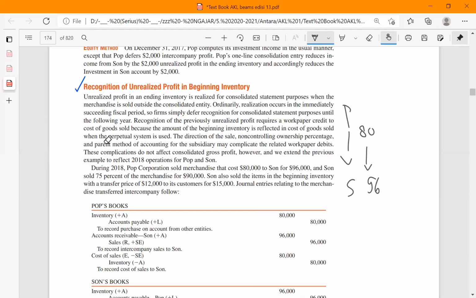And then, differing from the previous period, we have to look for the proportion, how much is still unsold and how much is finally sold. In this problem we got that information in detail.